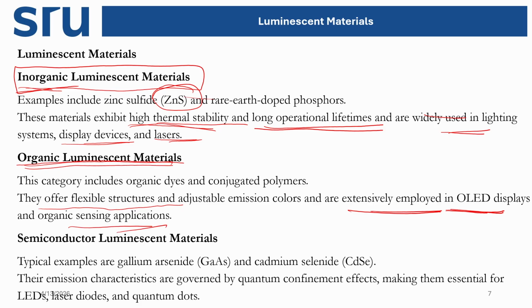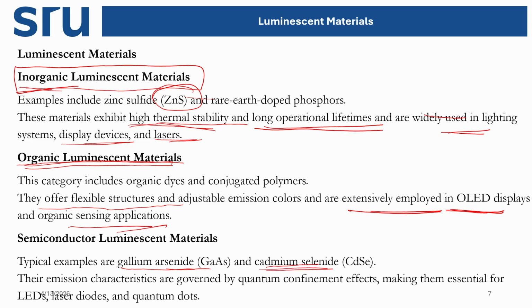Right. Another is semiconductor luminescence material. Semiconductor compounds can have luminescence properties, for example gallium arsenide or cadmium selenide.